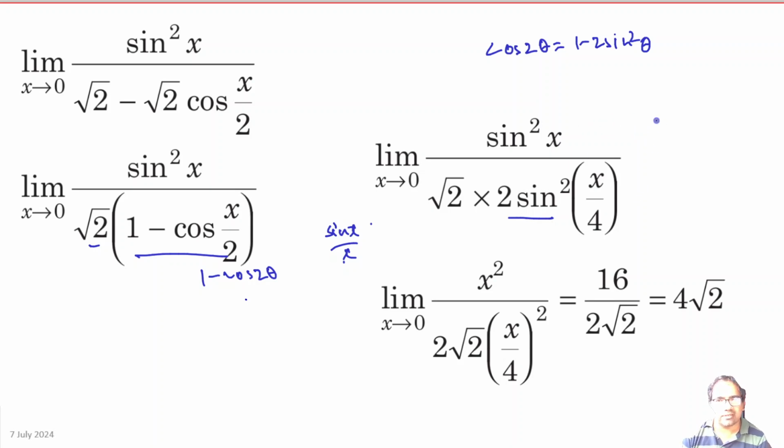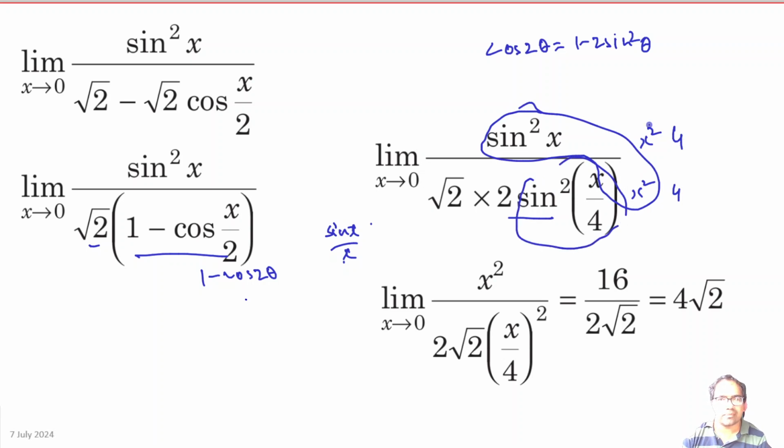Here in the sin square x, we need some x square in the denominator, and we need some x square in the numerator. And then we'll multiply by 4 also, by 4 here also. Basically, this sin square x by this x square, and this sin square x by 4 by this x by 4.